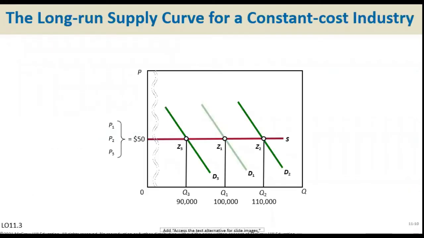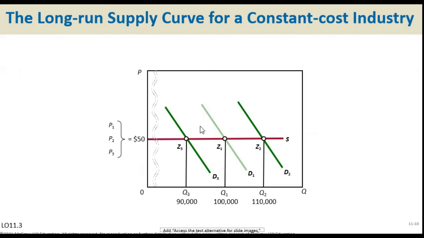So now let's look at it on the graph. The first graph represents the first scenario, the constant cost industry. You can see that the entry and exit of firms does not impact the product prices on the market, and therefore does not affect the unit cost.